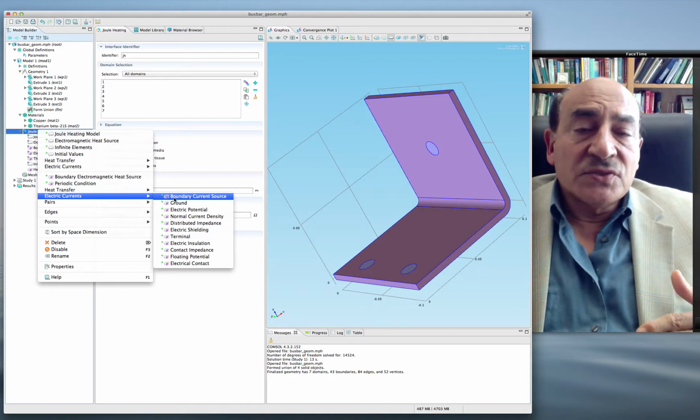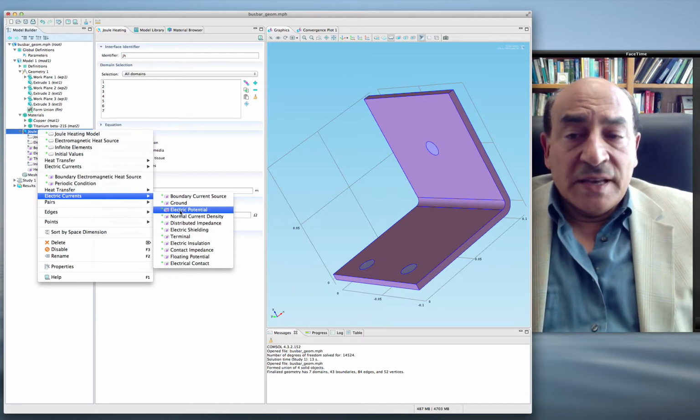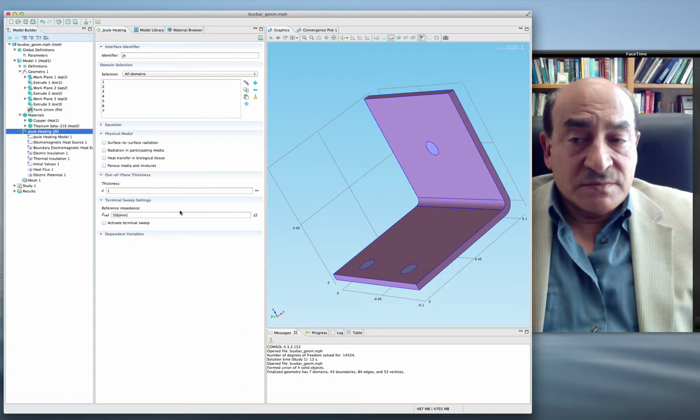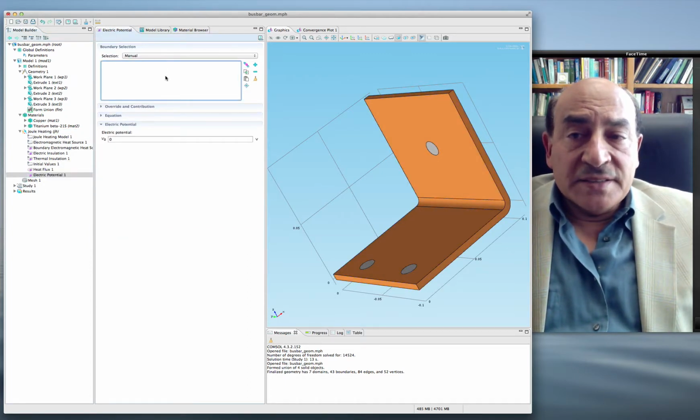I'd like to apply 20 millivolt on one bolt, and then apply ground on the other two. So I want electric potential, which means voltage, and then define where that is.